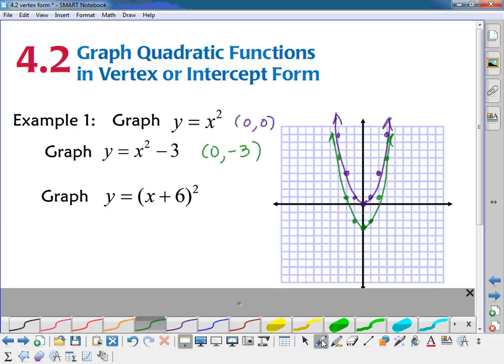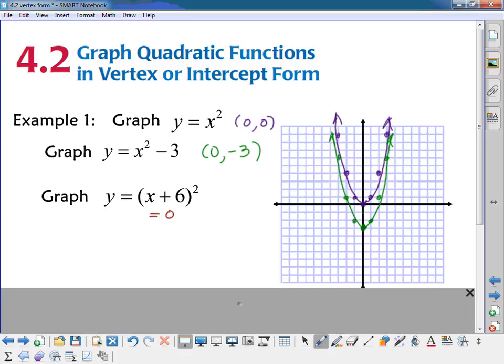So what's going to make what's in the parentheses equal 0? If x is equal to negative 6. If x equals negative 6, then what's y going to be? 0, right? So negative 6, 0 is where my low point's going to be on that graph.